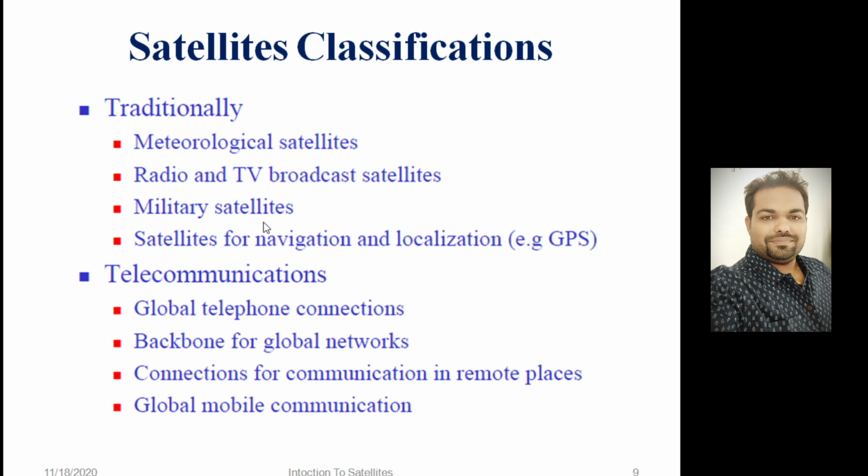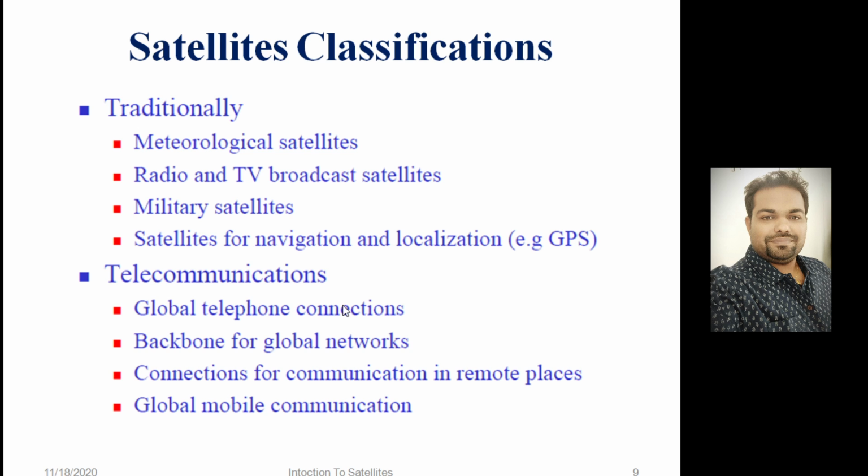Military satellites, particularly for taking terrain information and all. Special purpose satellites are there. Satellites for navigation and localization, that is the Global Positioning System, GPS. So these are the traditional categories of satellites.